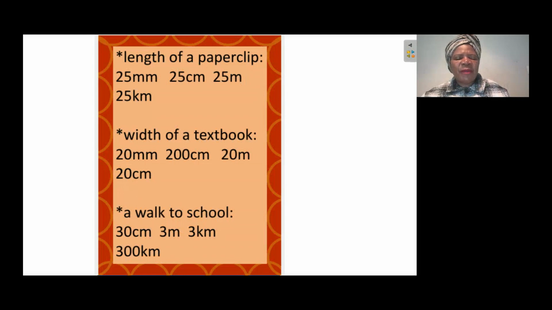Length of a paper clip. You know the paper clip, which is used to hold papers together by the teachers, right? How long can it be? What is the length of that paper clip? Can it be 25 millimeters? Look at your ruler.